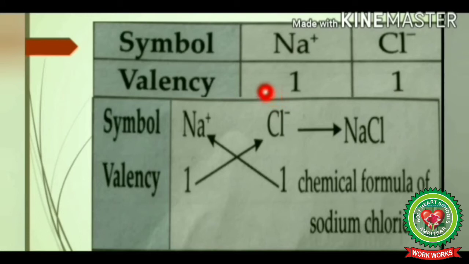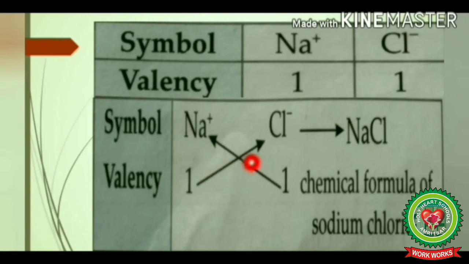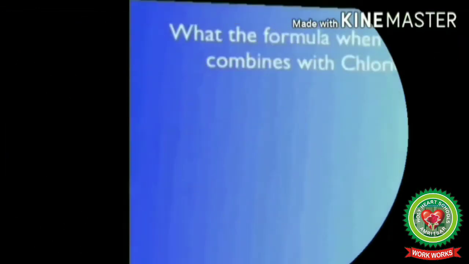The valency of both sodium and chloride is 1, so it is written as 1, 1. Next, we interchange the valencies of sodium and chloride radicals to get the chemical formula NaCl.